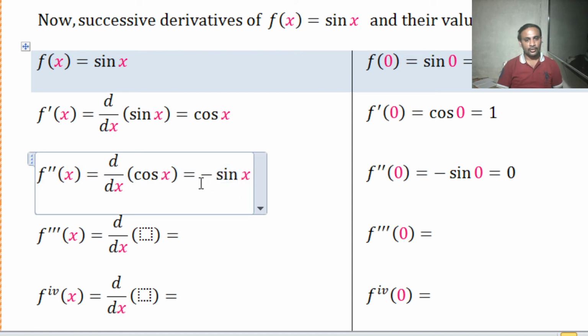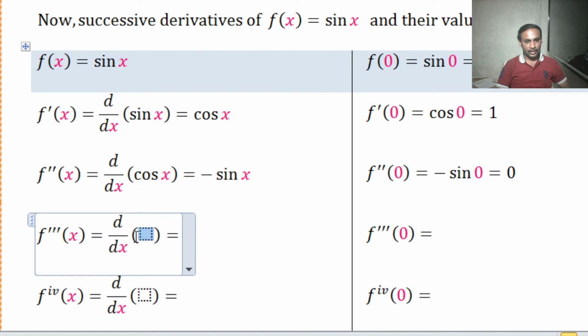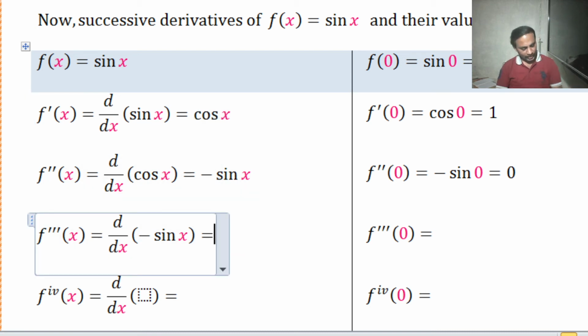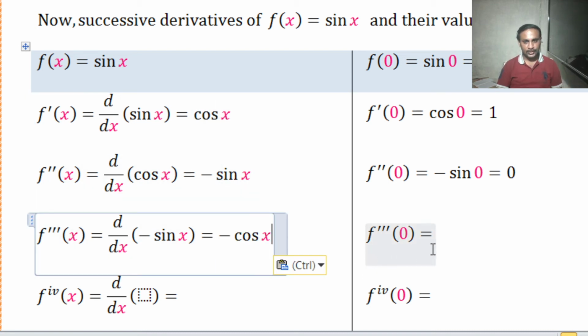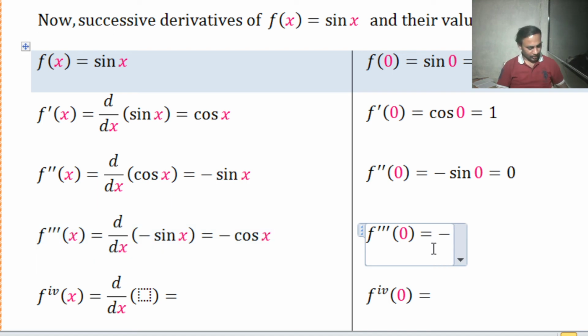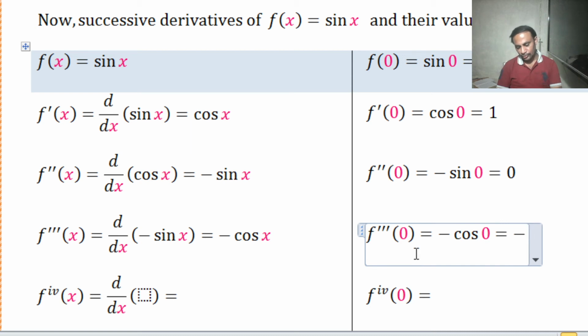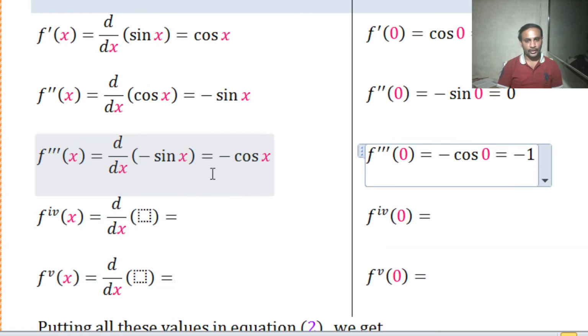Now triple derivative of the given function with respect to x means derivative of minus sin x, and derivative of minus sin x is minus of cos x, and if we put x is equal to 0 in this derivative minus cos x, then we get minus of cos 0 and minus cos 0 is minus 1.